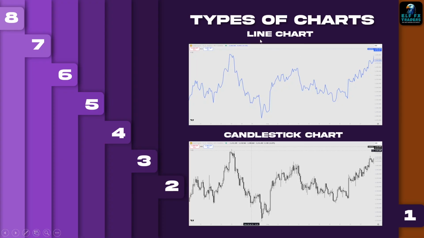If you look at the line chart and the candlestick chart, this is the same market. It's the same structure. But when you look at it, you see that it's a little bit different. There are some details that the line chart is not showing, which the candlestick chart is showing. So these are the two main types of chart that we are going to focus on.